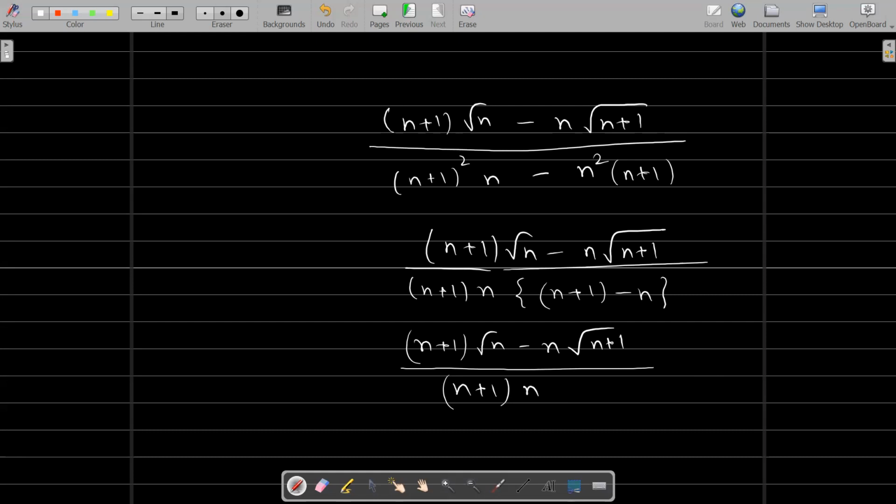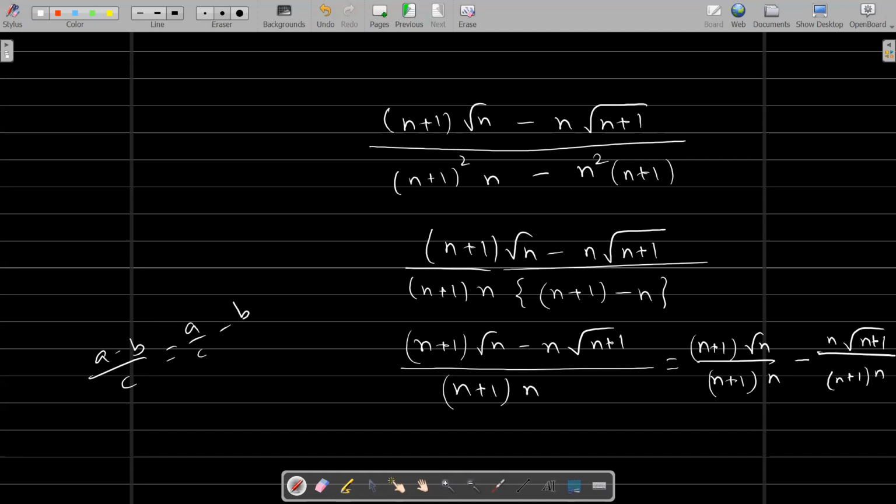Let's separate out the two terms. So it's n plus 1 root n upon n plus 1 into n, minus n root n plus 1 upon n plus 1 into n. It's something like a minus b by c, written as a by c minus b by c.